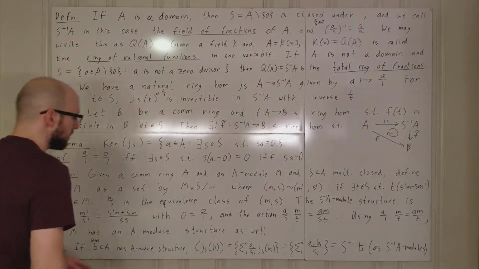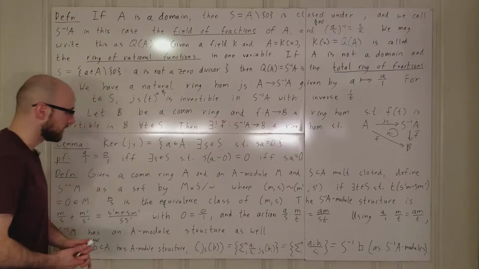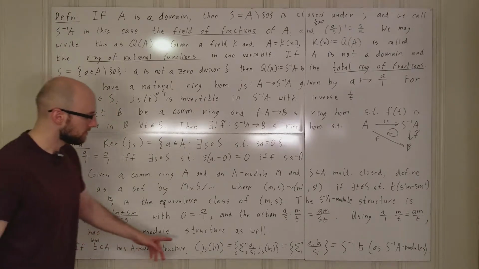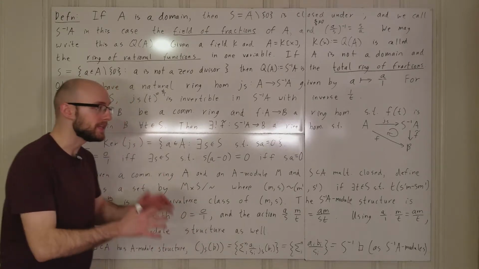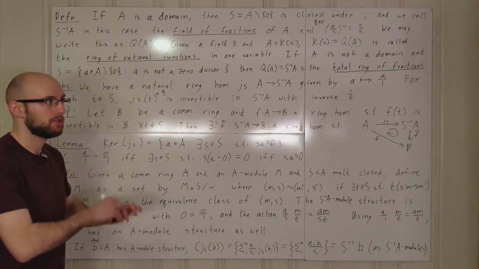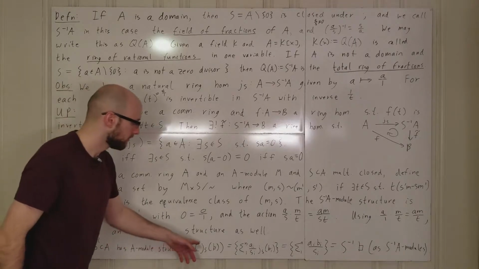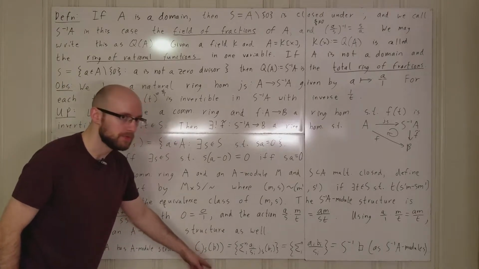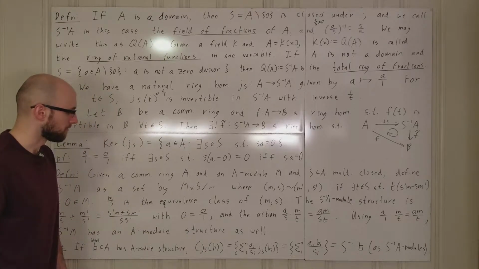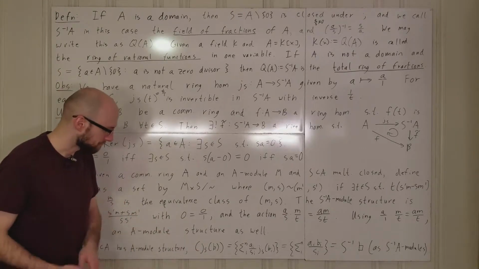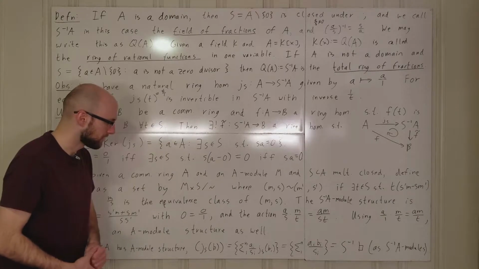So now we consider the ideal in S inverse A generated by elements of the form J_S of b, where b comes from this ideal B. So what is this ideal?